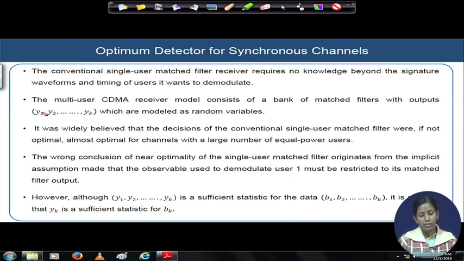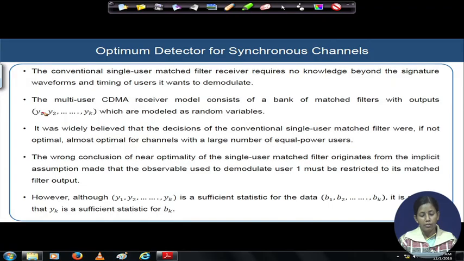Remember, in a CDMA situation where multiple users are on, you also need to know the signature waveforms of all the users for optimum demodulation and detection, and then you also need the timing information of all the users. We will show that on top of it you also need to either know a priori or estimate the values of the amplitudes of the signals you are receiving corresponding to all the users.